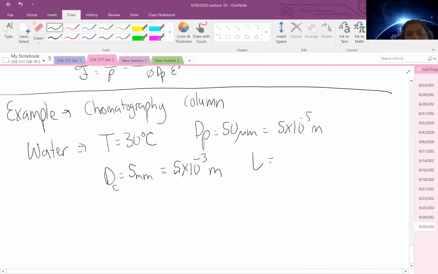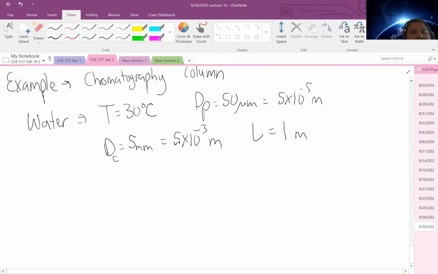The bed length was 1 meter. The superficial velocity was 3 meters per hour, which, if we want to make that meters per second, we get a fairly small value, 8.33 times 10 to the minus 4.